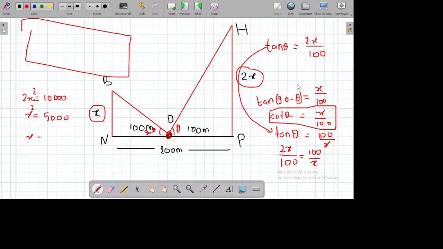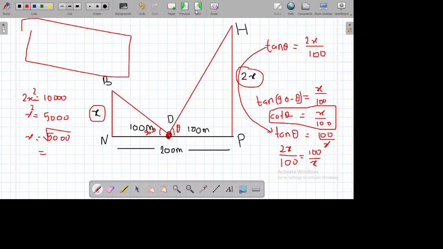So x will be under root 5000. So somebody please help me find the value of x. How much? 70.71. This is the height of the smaller lamppost, which represents our Vishal Neupane.